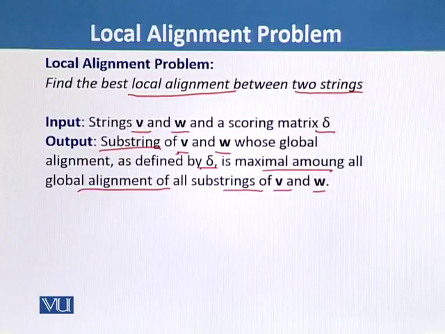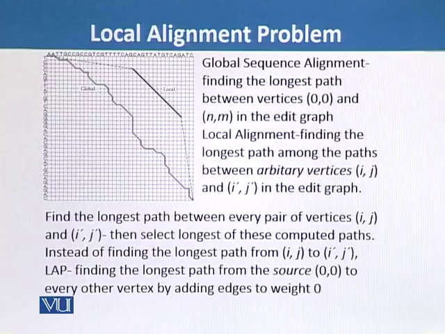The solution of this harder problem lies in the realization that the global sequence alignment problem corresponds to finding the longest path between the vertices 0,0, starting from here, and N,M in the edit graph. And we know that in the global alignment we have to consider the full sequence of the DNA, and we will get this path.